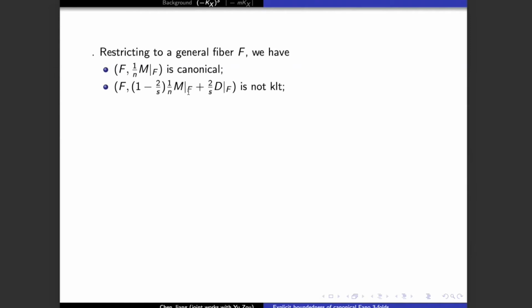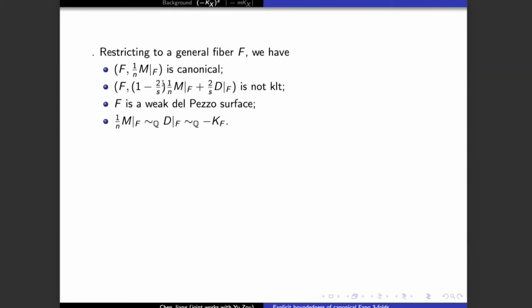And looking at these two divisors, of course here F is a weak del Pezzo surface, smooth weak del Pezzo. Okay, and we know that these two divisors are all Q-linearly equivalent to minus K. So this is somehow just a problem of a log canonical threshold, right?